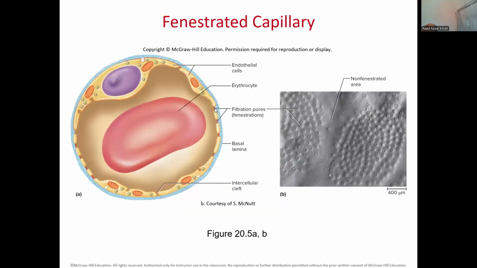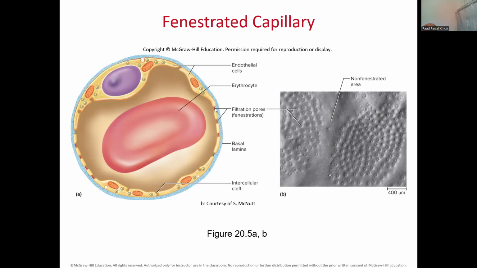These are fenestration pores that allow for the exit and the entry of substance. That is important for the well-being of this blood vessel. And that shows you the fenestrated capillary.